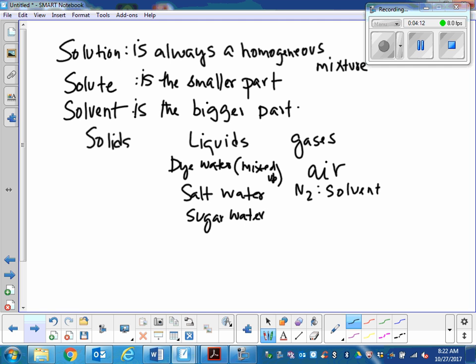And what will be the solute? Oxygen and anything else in the air will be the solute. You understand? In salt water, of course, salt is the solute, water is the solvent. Is that right? What about a solution that's a solid? Give me an example of a solution that's a solid.